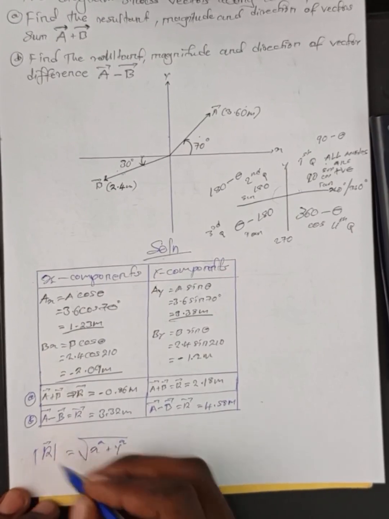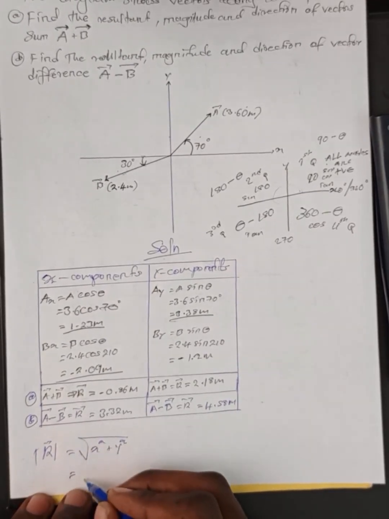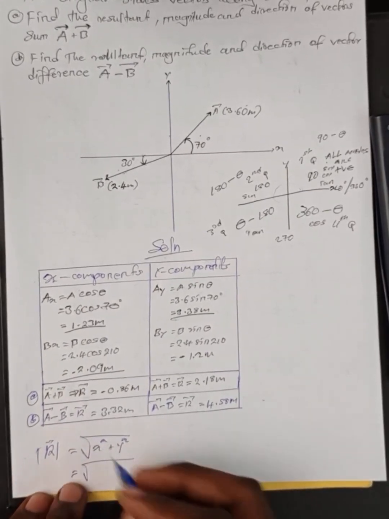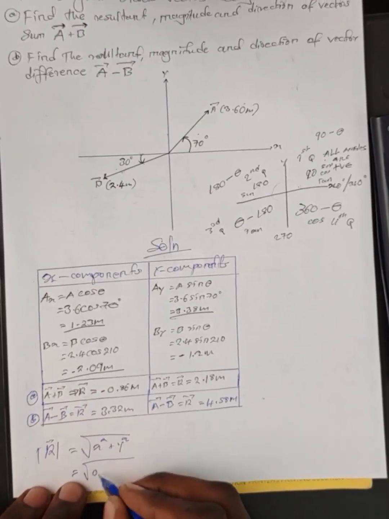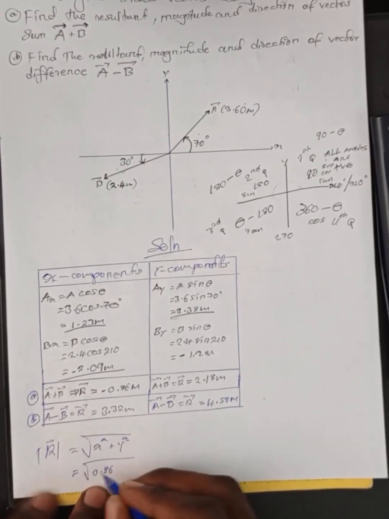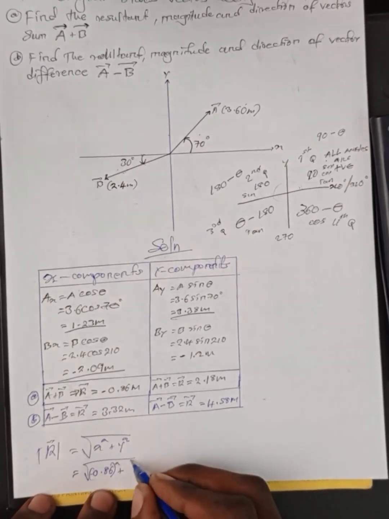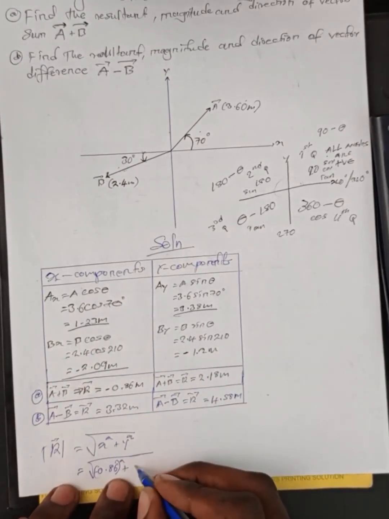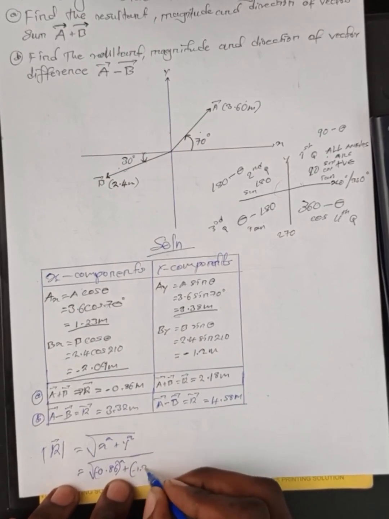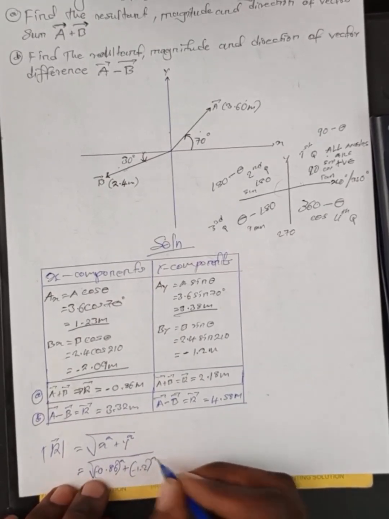So this is for A. So we are going to use 0.86 squared plus y there, negative 1.2 squared, like that.